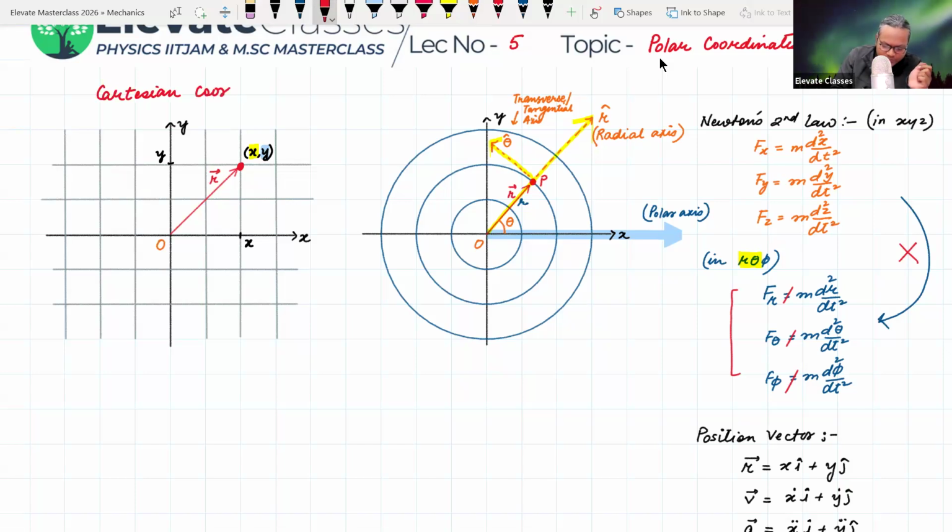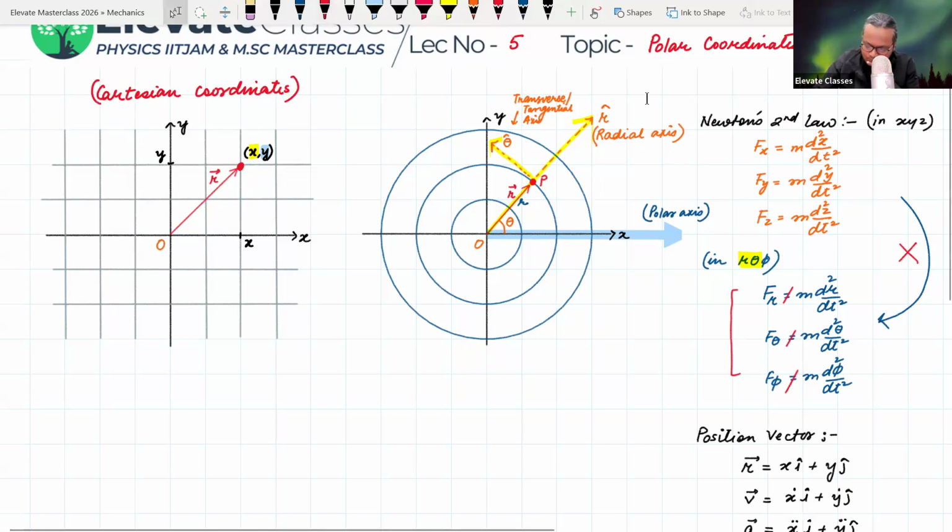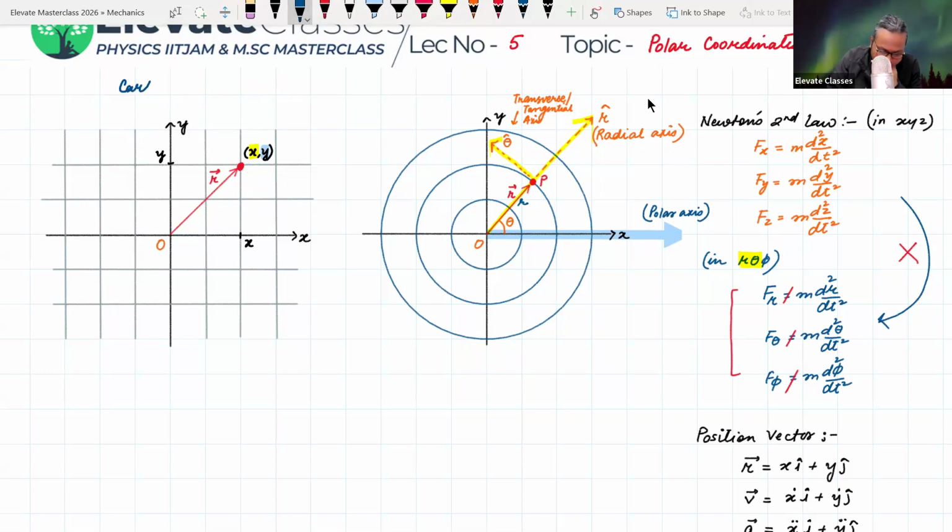Cartesian coordinate system to polar coordinates. We can go from Cartesian coordinates to polar coordinates.